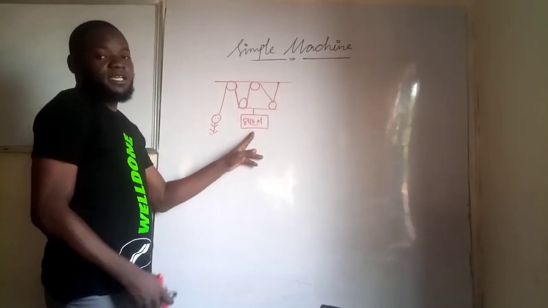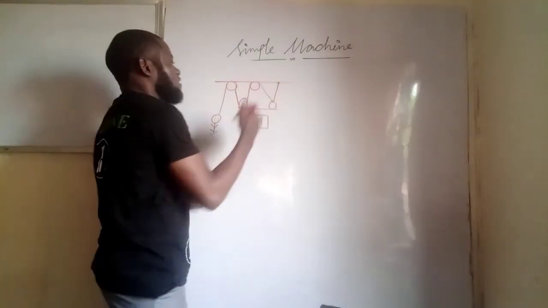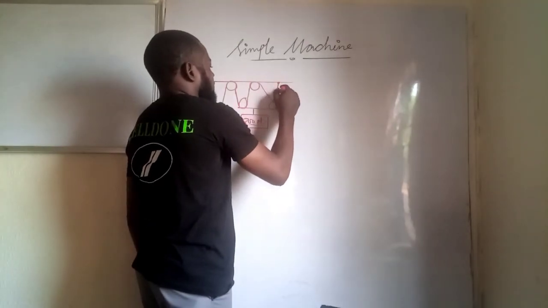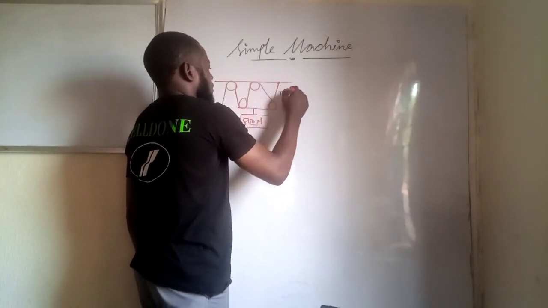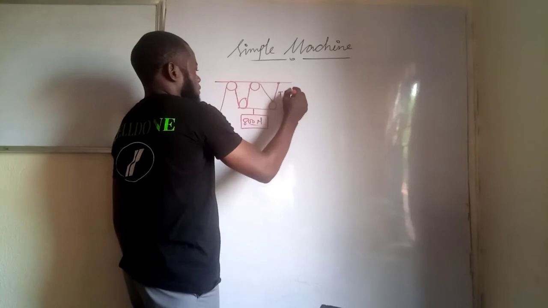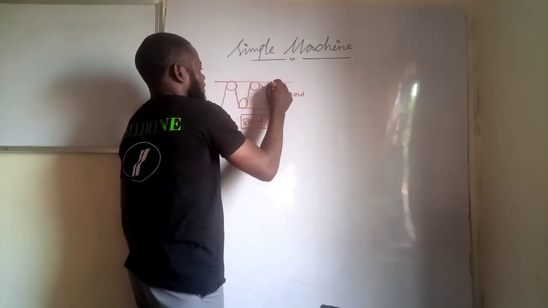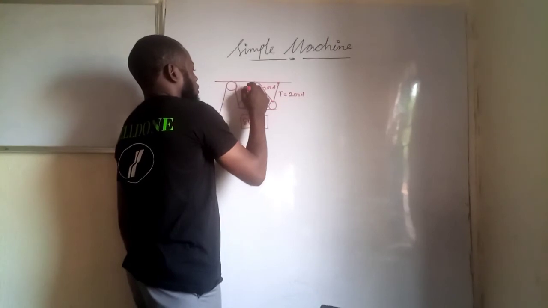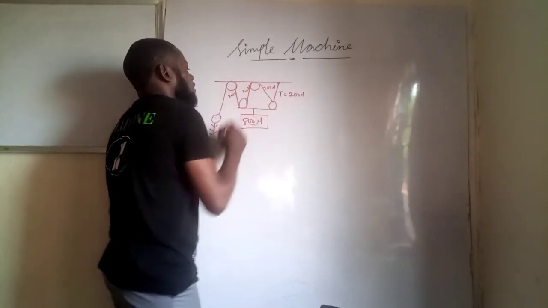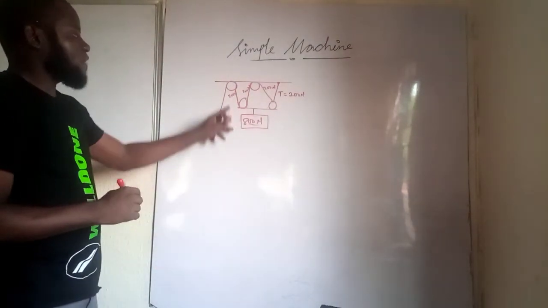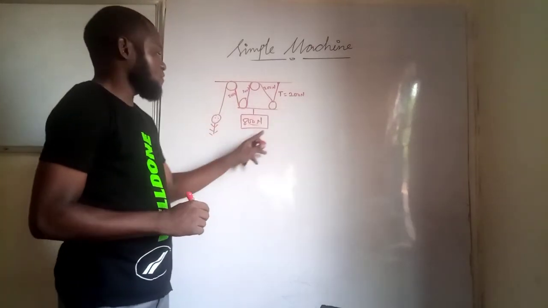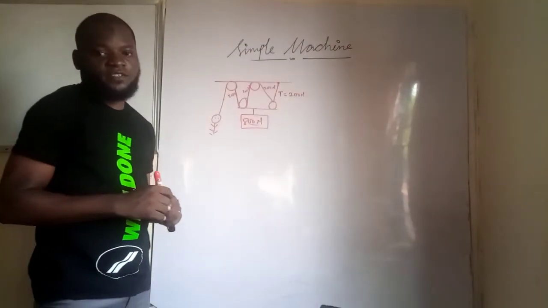Mind you, if this is 800 Newton, it means that this rope is going to have T equal to 1, 2, 3, 4. So this will be 200 Newton. This will also be 200 Newton. This will also be 200 Newton. And this will also be 200 Newton. By the time you add everything together, your result is going to be 800.